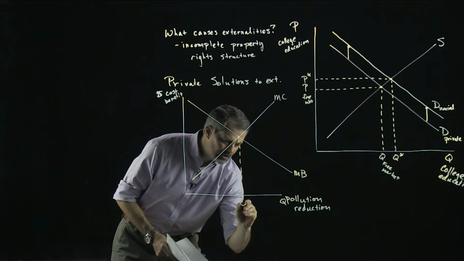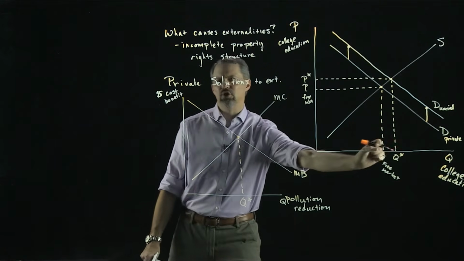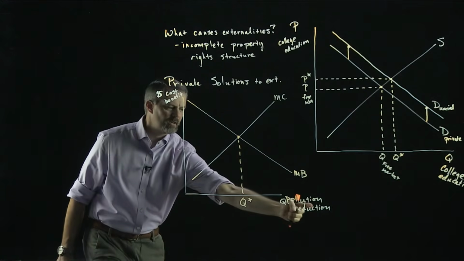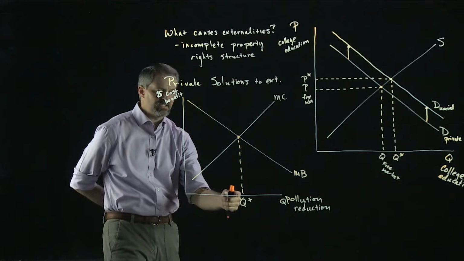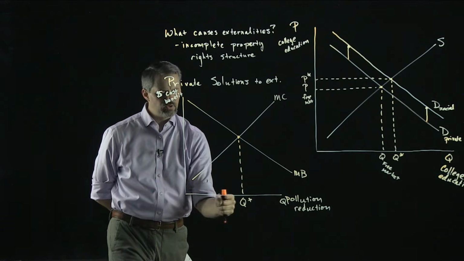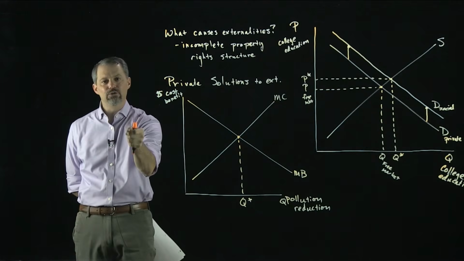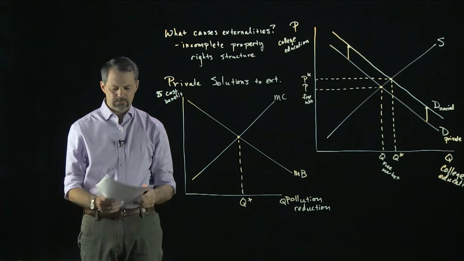Let's call it Q star. Don't confuse this with production of some good. We're talking about how much pollution we should reduce. The conclusion that we get here is that we should not reduce all pollution. We need to reduce pollution until the marginal benefit of reducing pollution is equal to the marginal cost of reducing pollution. Okay?